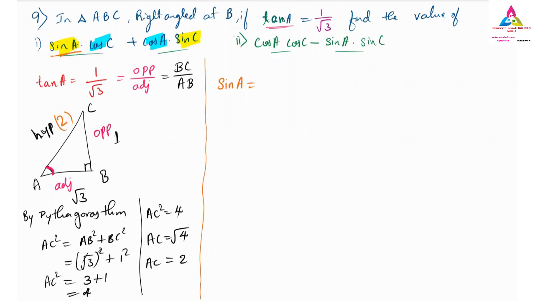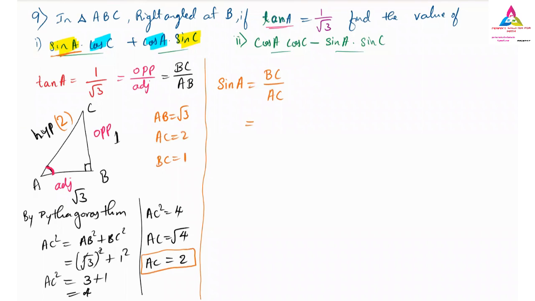Here the opposite is BC and the hypotenuse is AC. So I will write down all three values: AB is root 3, AC is 2, and BC is 1.